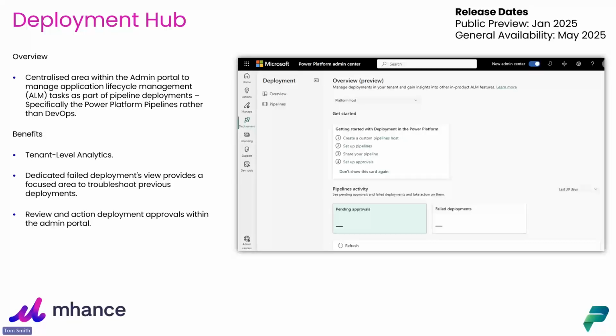Again, trying to modernize the admin center and incorporate more features within that central area. That was something that became a preview in Jan, and is something that you can see within that new admin center experience, and that'll be generally available in a couple of months' time as well.